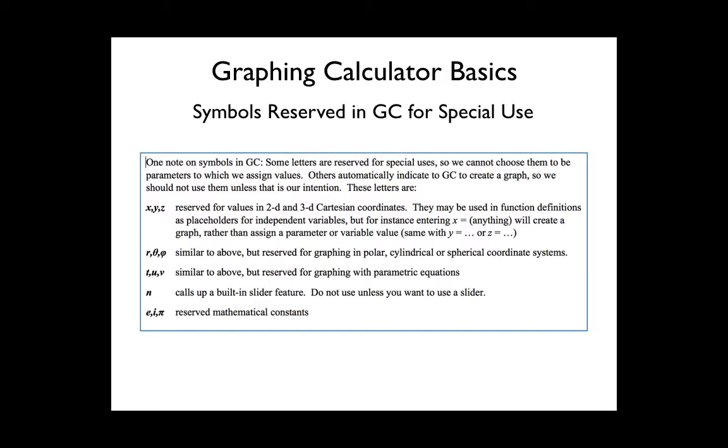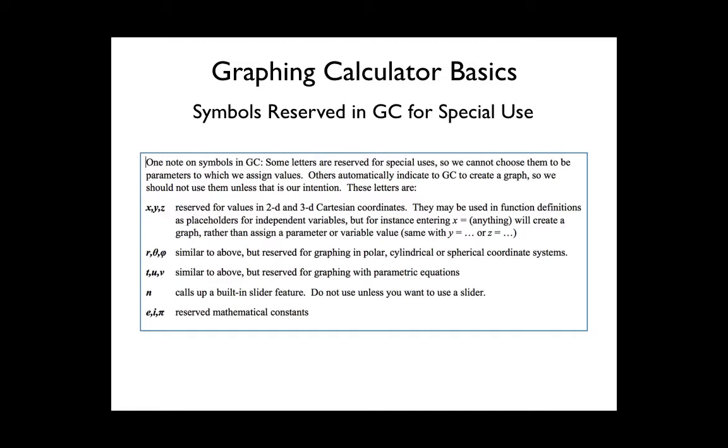N does something else, which is kind of cool. This is how we're going to be able to animate things. It's the built-in letter. You can also create other things that make moving parts by defining sliders as a function. It's kind of like a little computer programming-ish trick. You just say slider equals, and then you get to define it. But N, by default, will say, ooh, this is a slider.